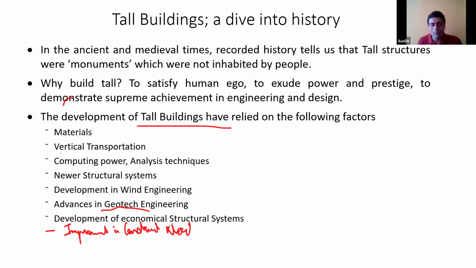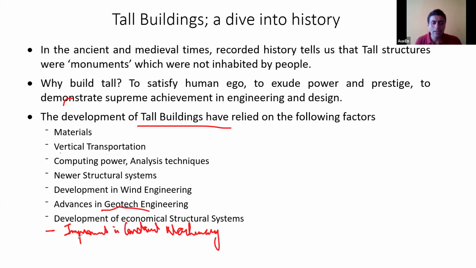That is also an important point, because you may analyze and design and come up with a 1000-meter tall building, but if you don't have the adequate construction techniques available, if you don't have the cranes and the systems available, if you don't have the capability of constructing these heights, then all your analysis and design is waste.